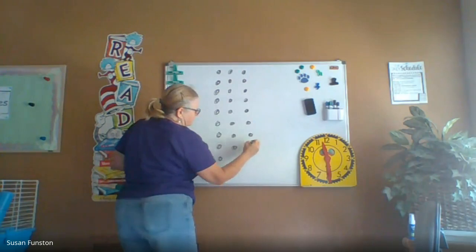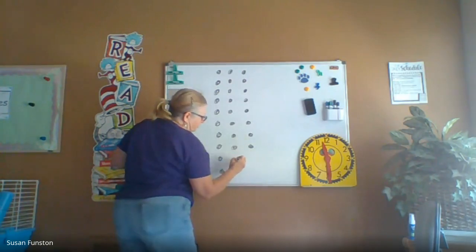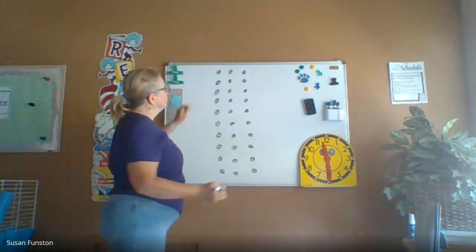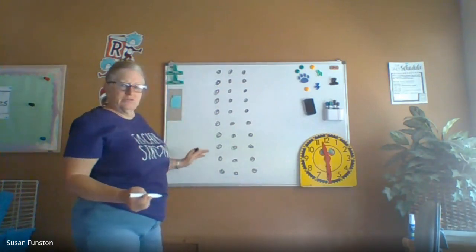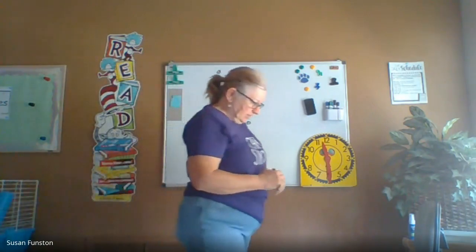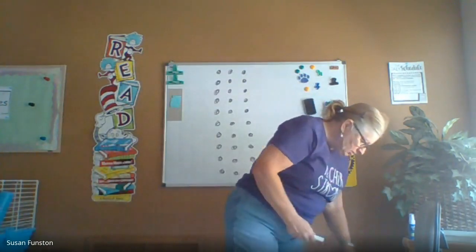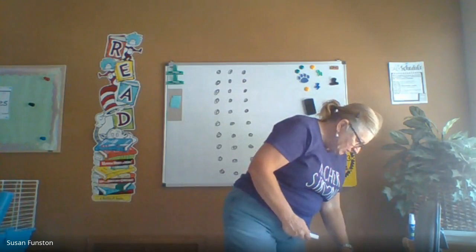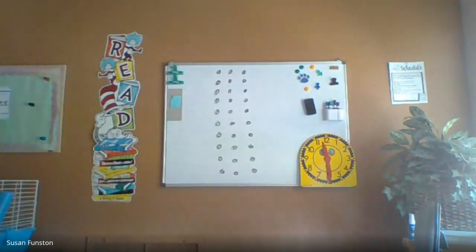Almost there. A couple more to go. All right, so there's my array with 10 rows of 3. And now I'm going to cover up part of it. I'm going to just use a piece of paper and do that.